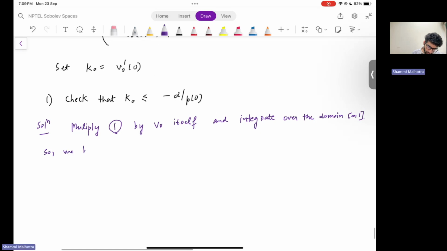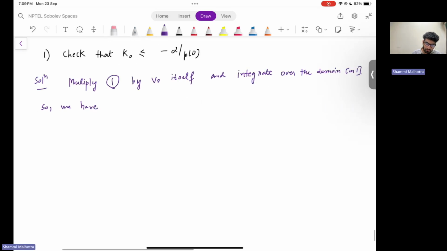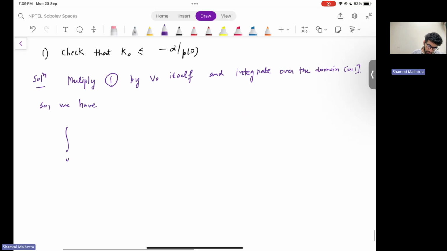So we have integration over 0 to 1 of minus (P v0')' times v0, plus integration 0 to 1 of Q v0 times v0, equal to 0 only.